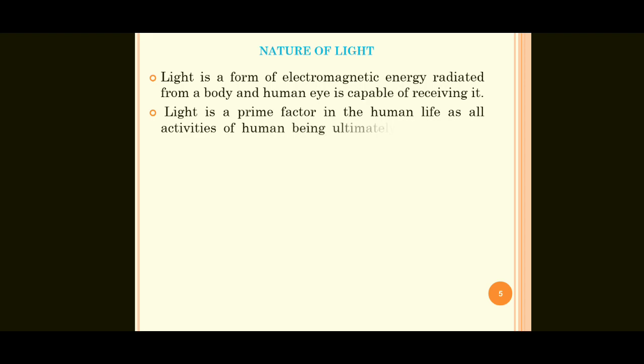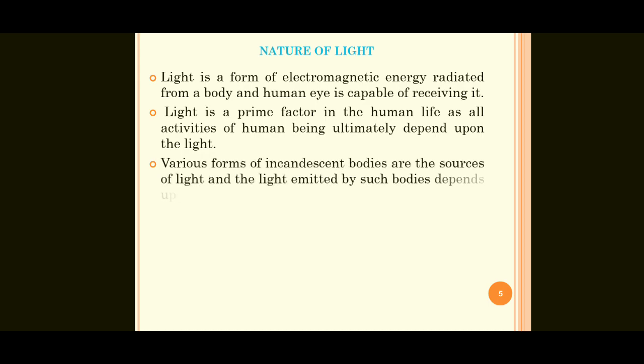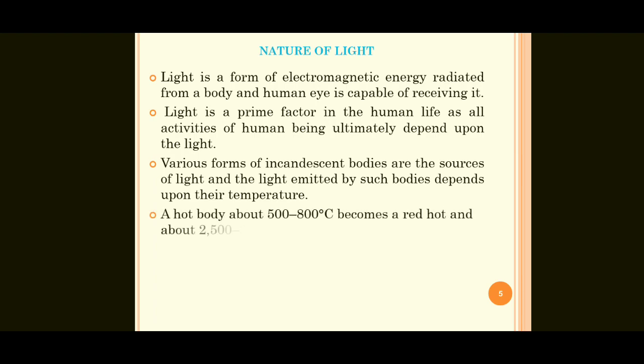Light is a prime factor in human life, as all activities of human beings ultimately depend upon light. Various forms of incandescent bodies are the sources of light, and the light emitted by such bodies depends upon their temperature.